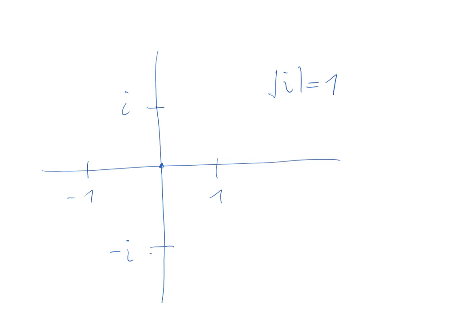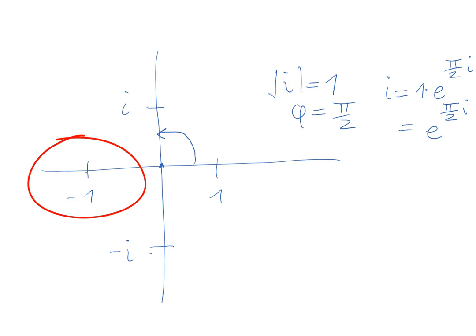It's the distance of i to the coordinate origin, and the angle between the x-axis and the vertical axis is 90 degrees, which is half of pi. So the number i can be written as 1 times e to the power of pi half times i, or in short, e to the power of pi half times i.